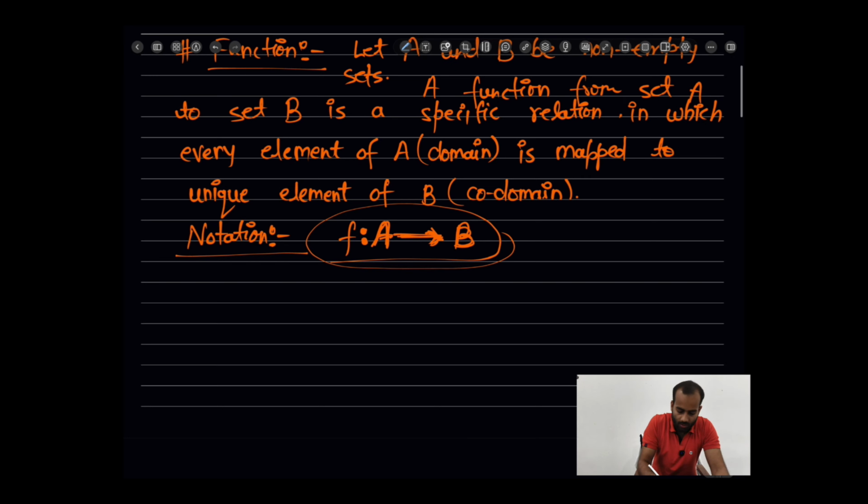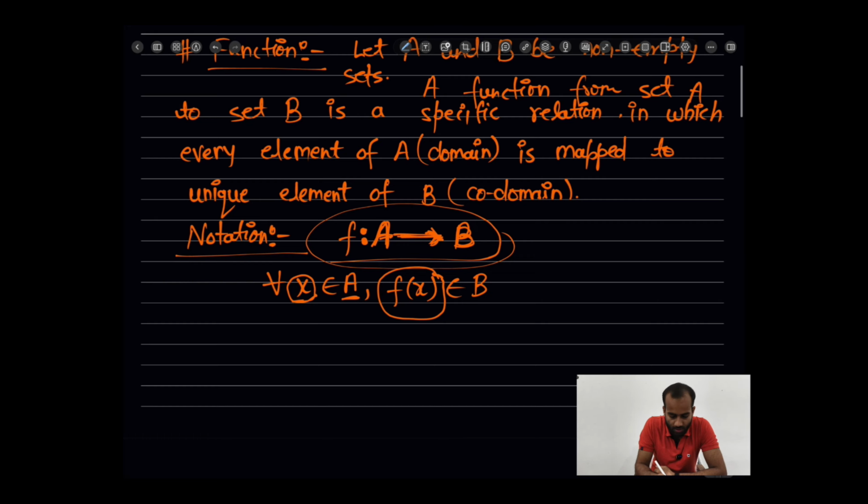Now for every x belongs to A, I am writing the definition in notation: for every x belongs to A, f(x) belongs to B. So f(x) is the image or the value of the element x in the domain.